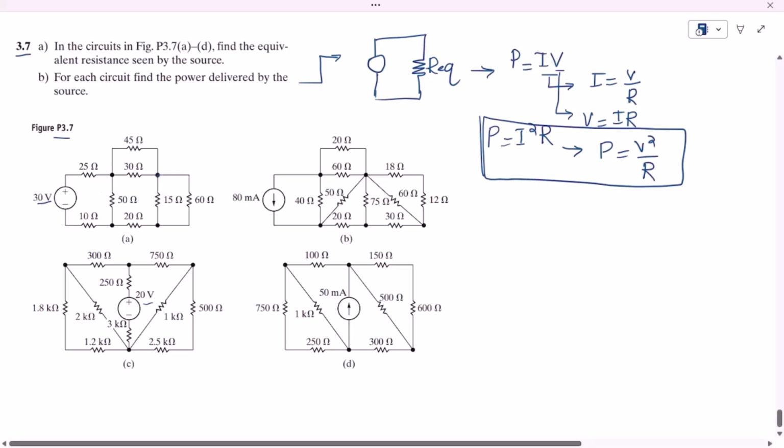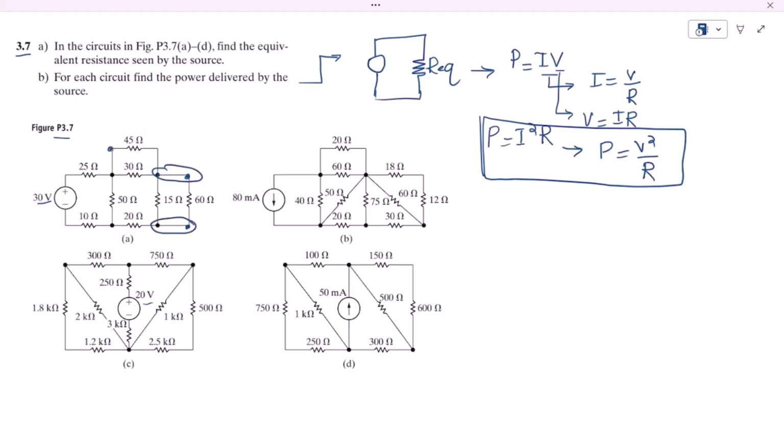Here in this circuit, you can see that in part A, both of these are shorted, so these are in parallel with each other. Both of these points are also shorted, so you will see the equivalent of them, and here 45 is in parallel with 30, and here this 15 is in parallel with 60.